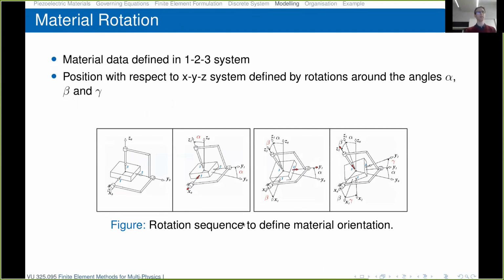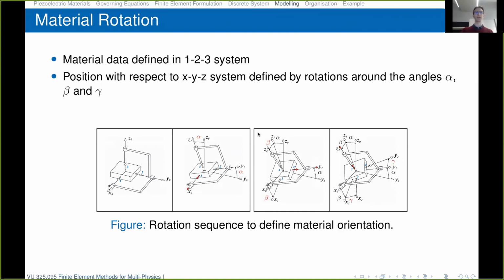Okay, and finally, what we need to specify when we analyze piezoelectric materials is the material rotation. As I mentioned already, the polarization is the 3 direction in the material direction, but it is not clear that the material defined in this 1, 2, 3 system is actually aligned with the XYZ system that you use for the analysis. So what you typically need to do is to rotate this 1, 2, 3 system into the XYZ system such that you actually analyze the correct material behavior.